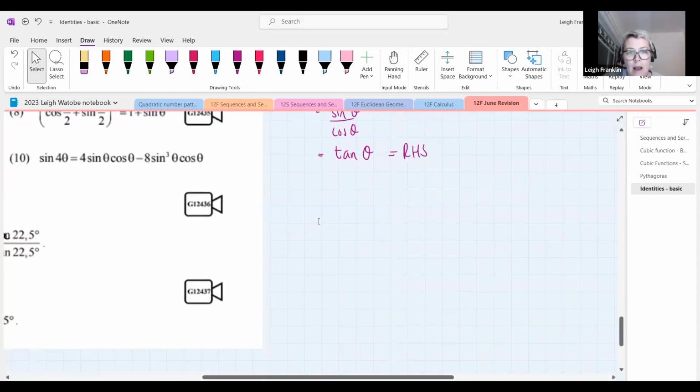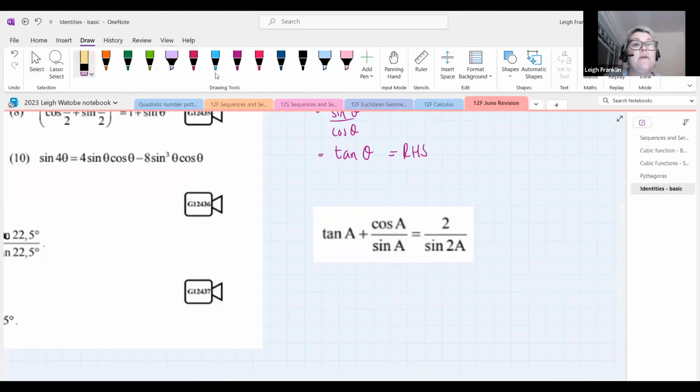I'm going to give you guys that one. I'd like you to try this question. It's actually question number 7. I've just snipped it out and stuck it here. You guys are going to try this one. Question 7, please.